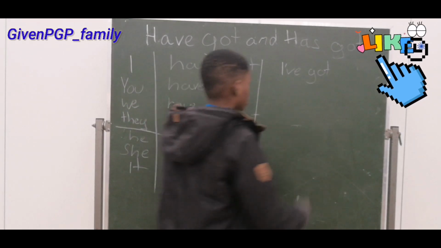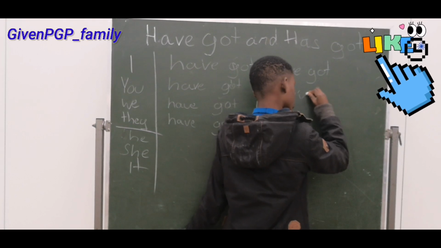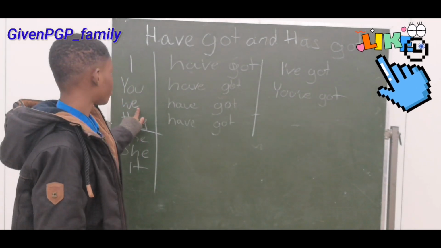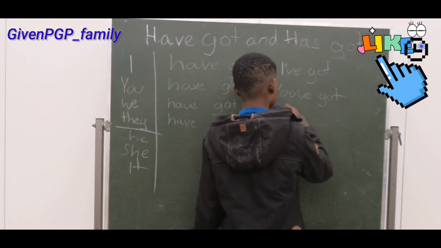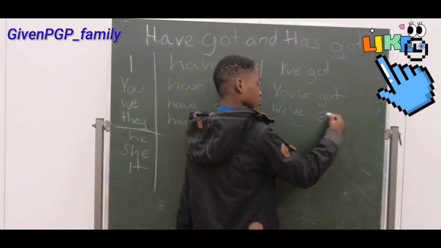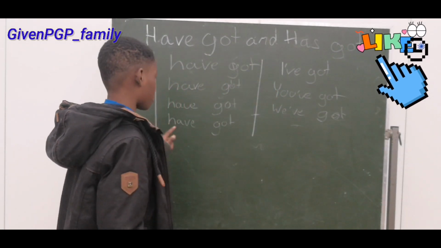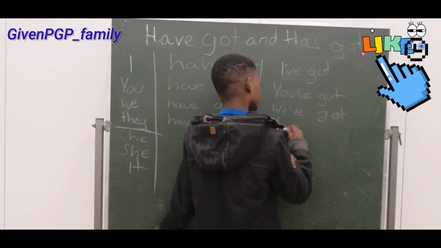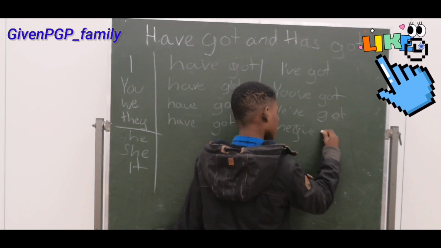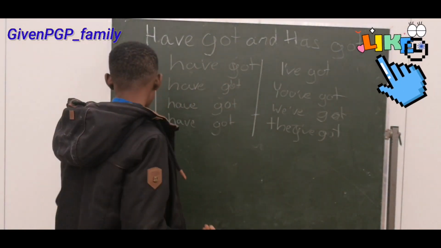So you've got, we've got, they've got. You can do the same thing with has got.